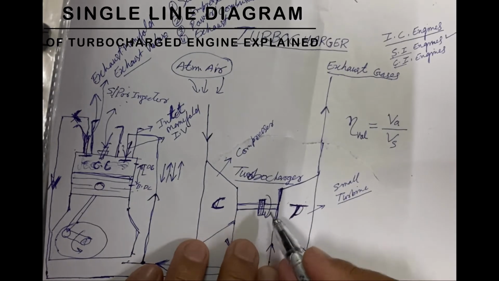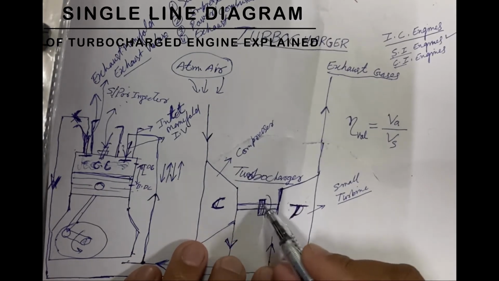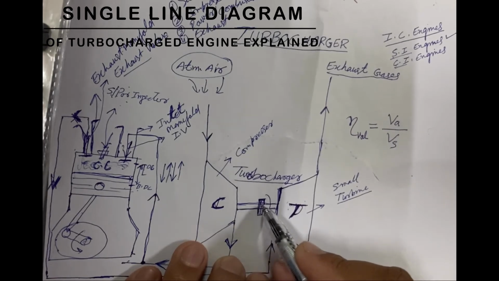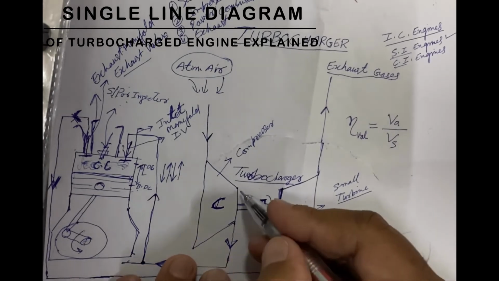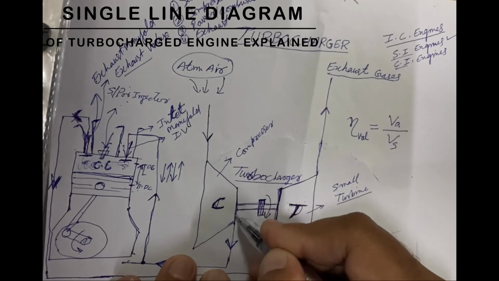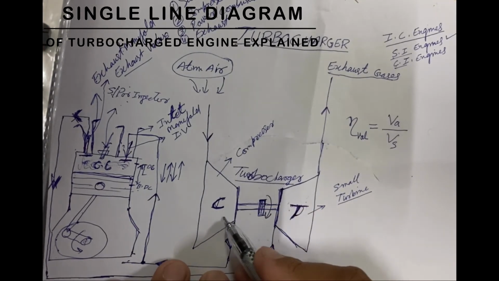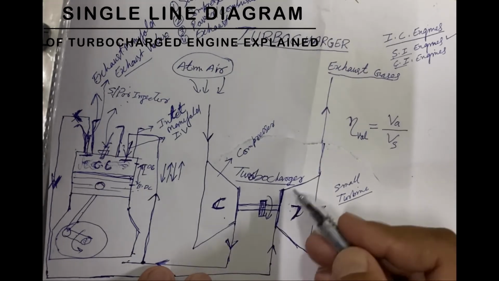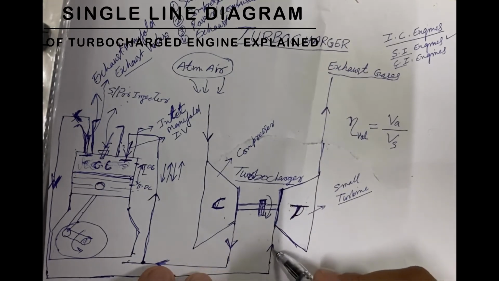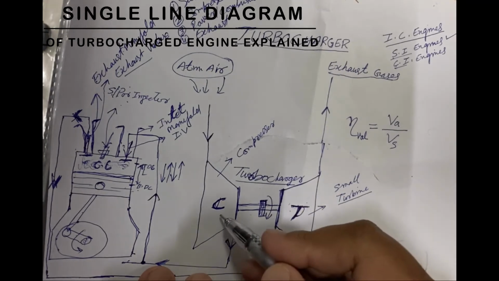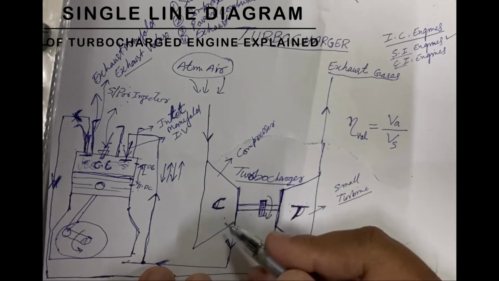As I already told you, this turbine is on the same shaft as the compressor, which is also an impeller. As this turbine rotates by the expansion of these gases which pass through it, it rotates the compressor as well.